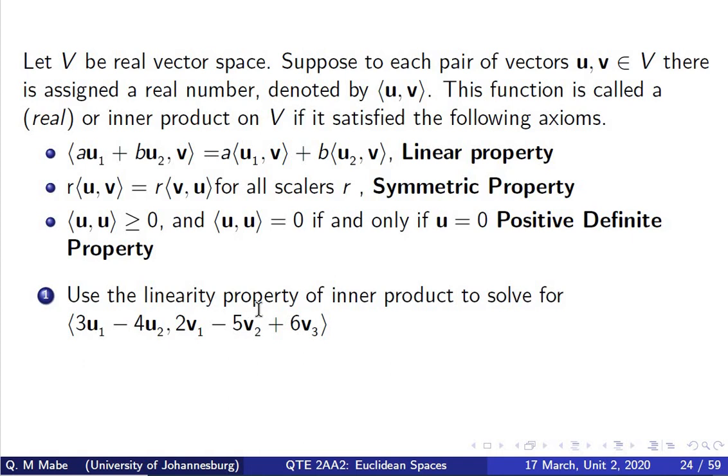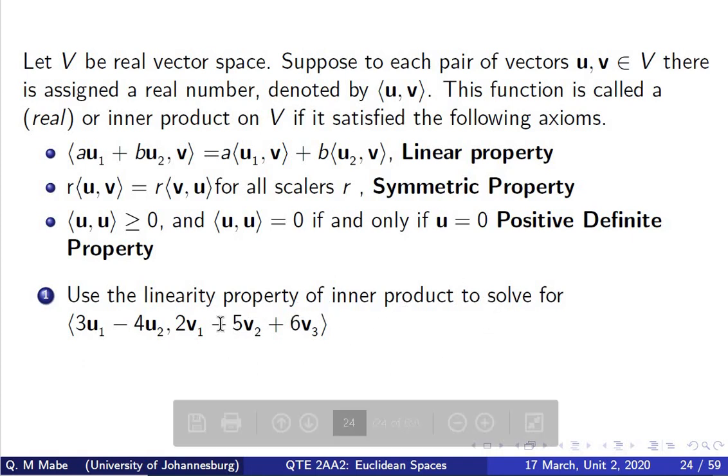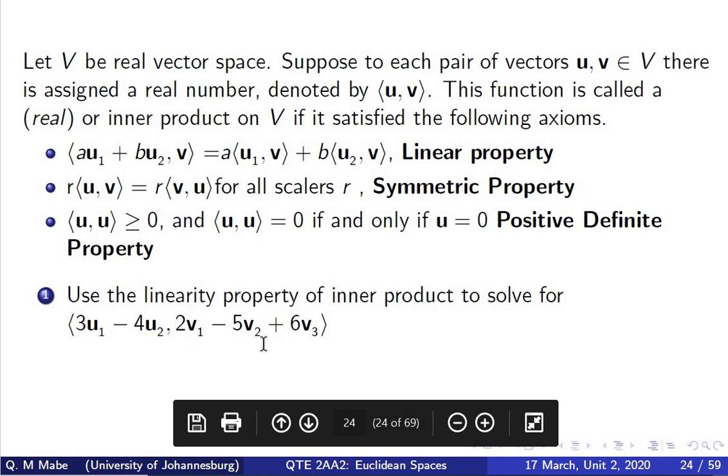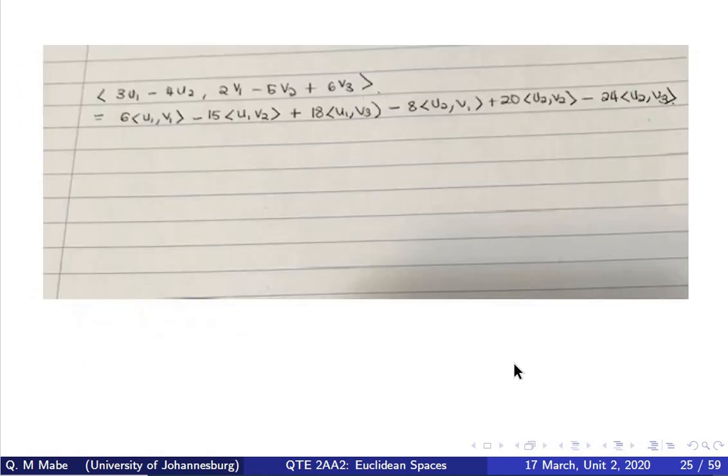Now we need to use the linearity property of inner product to solve this dot product here. We can do that in the next line. We're going to multiply everything out the way you multiply out brackets.